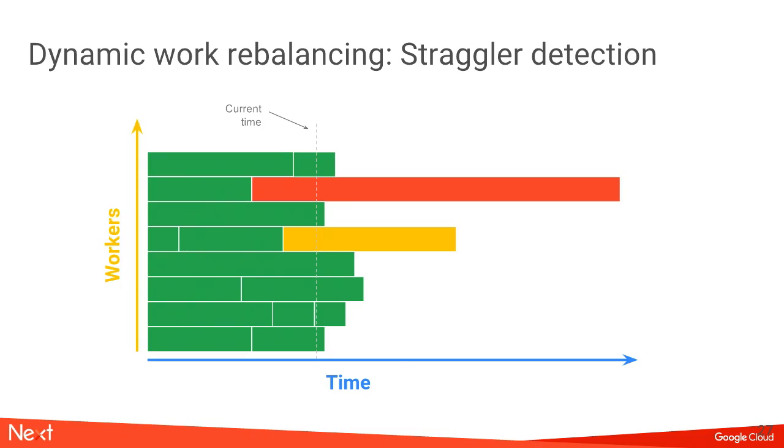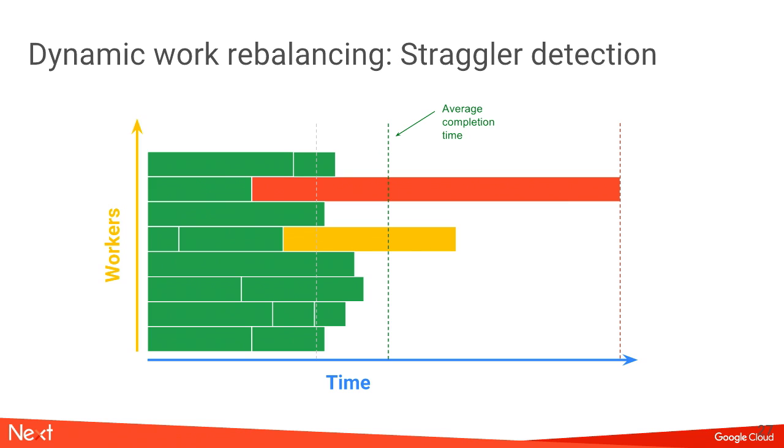What Dataflow does is continually monitor the amount of remaining work. Imagine we're at this gray line that shows our current time, and at that time we check what's the remaining work. This would be our completion time if we didn't do anything, right? So we run our algorithm to estimate how much work is remaining, and we come up with this as our average completion time. If everything was perfectly parallelizable, and we were able to utilize all 8 workers, this is when our job would finish, okay?